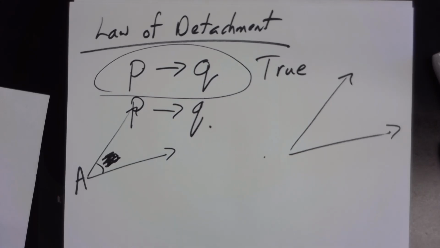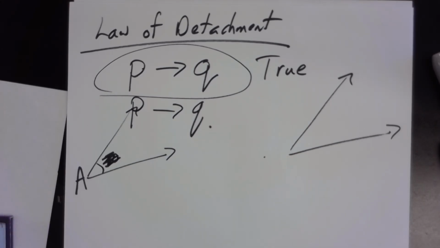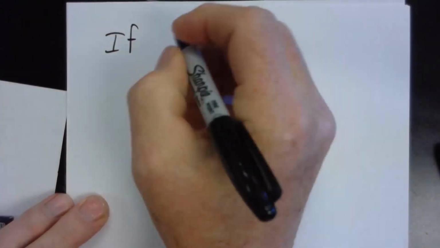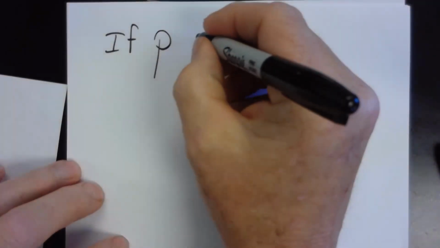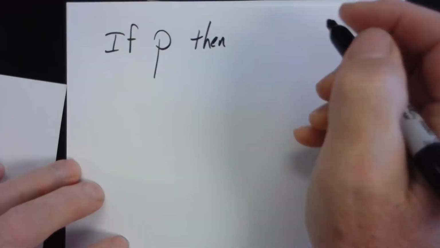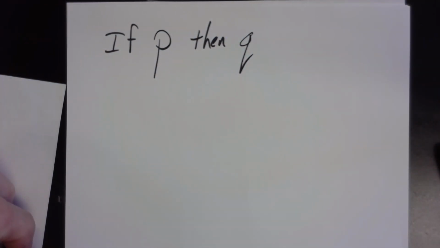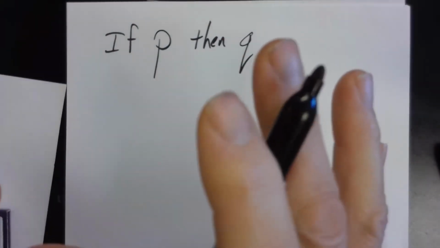Let's think about some more of these for a minute. If two segments are congruent, that's the hypothesis, then their measures are equal. Is that true? Okay, that has to be true.